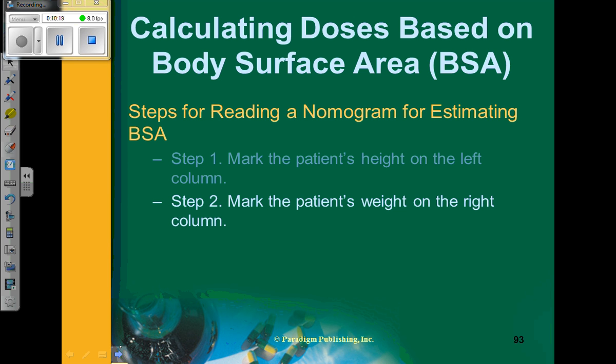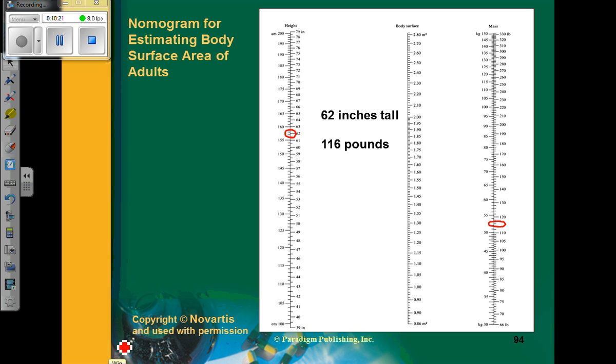Then you want to mark the patient's weight on the right column. So we have the right column here, and their weight is 162 pounds and their height is 62 inches.